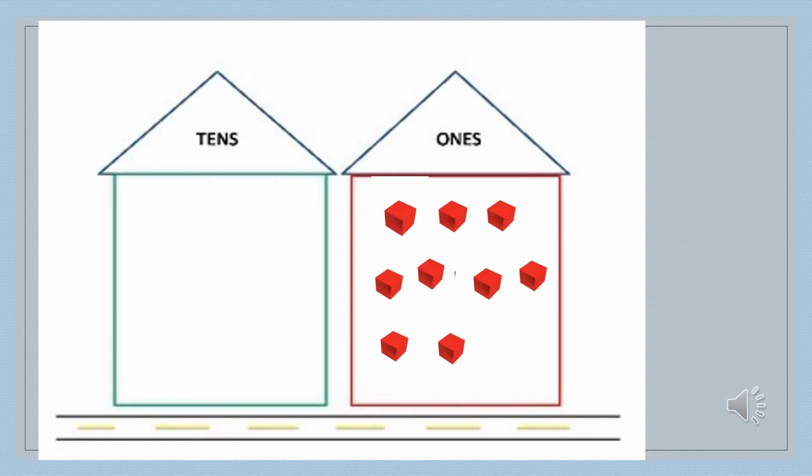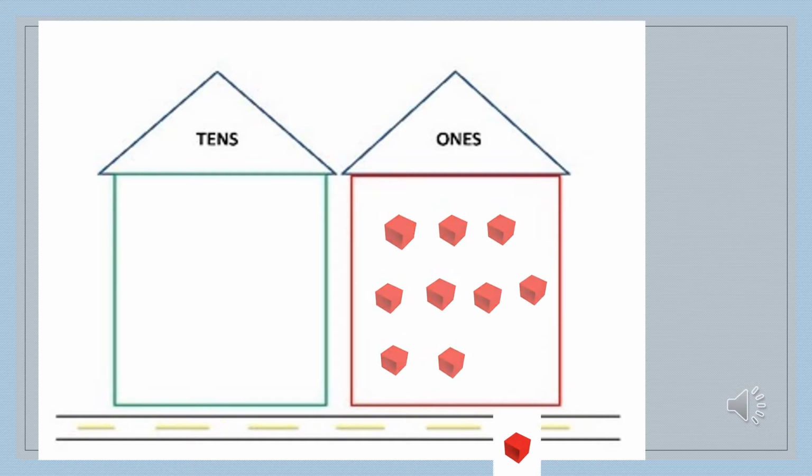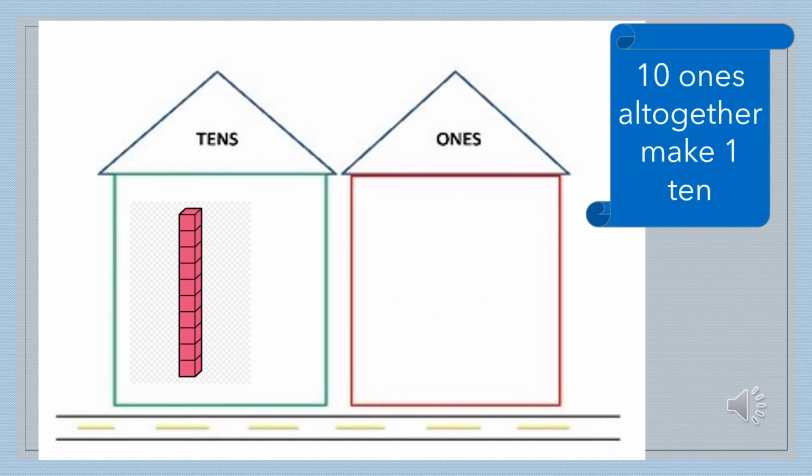As soon as we insert one more cube over here, it gets overloaded and it cannot accommodate this 10th cube, and then they got joined together and they form 1 ten. That's what you have learned earlier also, that 10 ones make a group of 1 ten. They join together with each other and then they form a group of 1 ten.